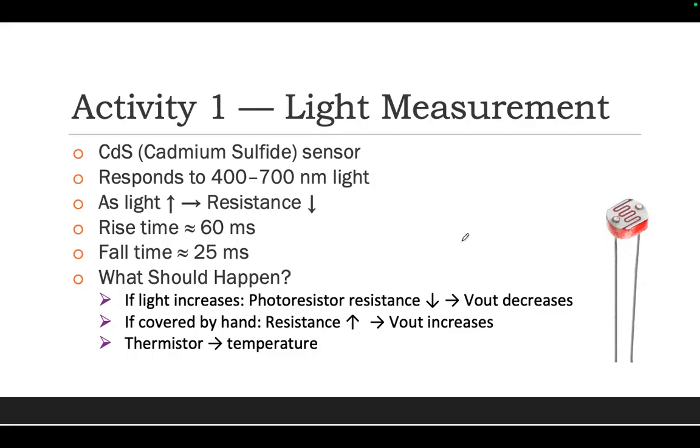Here there is a rise time and a fall time. The rise time and fall time describe what happens when you shine light on it or when you cover it: the resistance will change, but it will not change instantly.